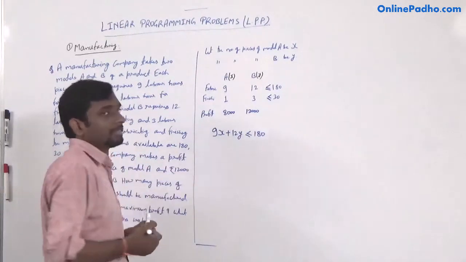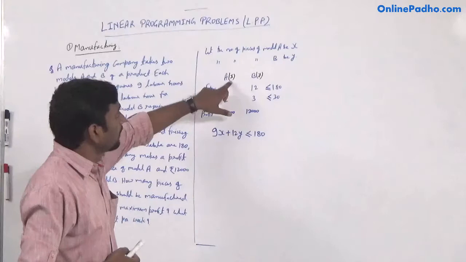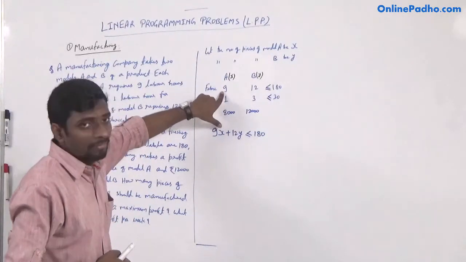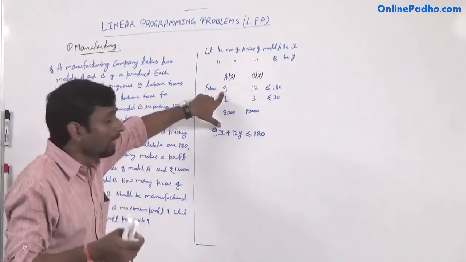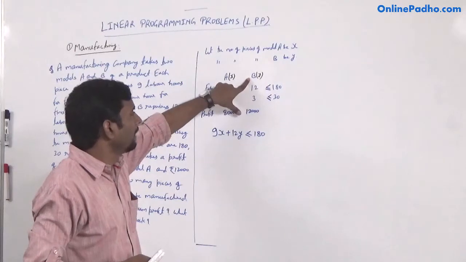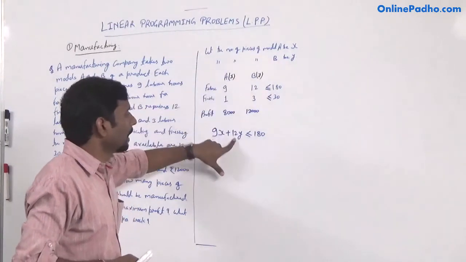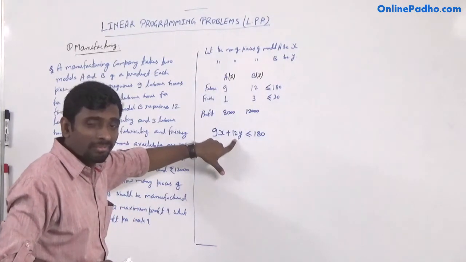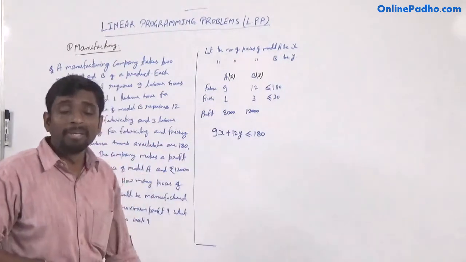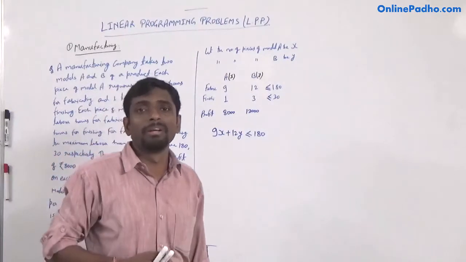9x means what? If you produce x units of product A, 1 unit will take 9 labor hours for fabricating, so x units will take 9x labor hours, and y units of B take 12y hours for fabricating. And the total fabricating hours is maximum 180, meaning this must be less than or equal to 180.